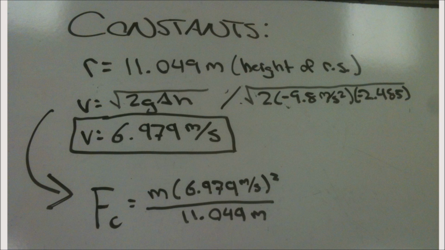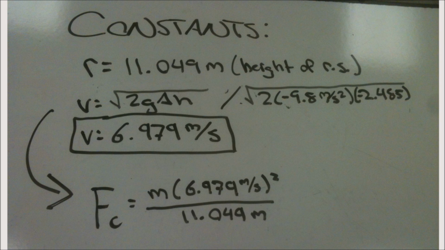Here is our mathematical model for finding the centripetal force. As you can see, the radius is 11.049 meters, which is the height of the rope swing. To find the velocity, we took the square root of 2 times gravity times the change in height, which is 2 times negative 9.8 meters per second squared times negative 2.455, which gives us 6.979 meters per second, which is the velocity, and you have to square that.